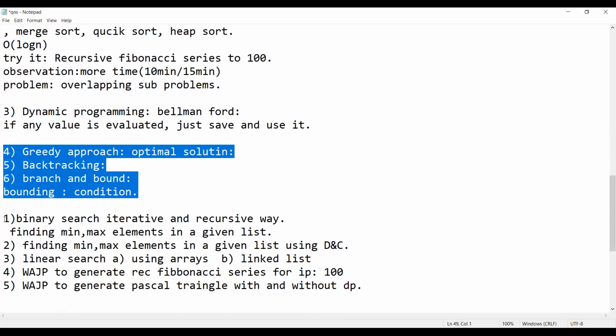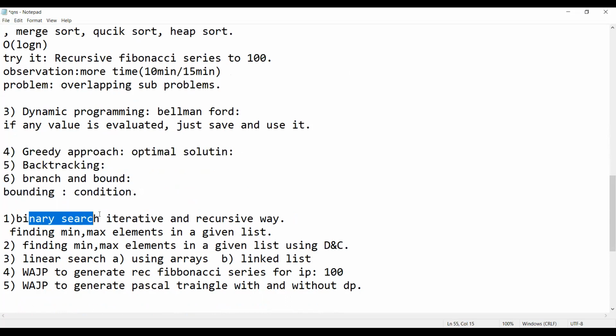I asked you to implement these programs, children. So what are those programs? Binary search using recursive and iterative methods. Finding minimum and maximum elements in a given list of elements, both iteratively as well as with the divide and conquer strategy. Next, implement linear search using arrays as well as linked list. For the linked list, you can go for either a single linked list or a double linked list.